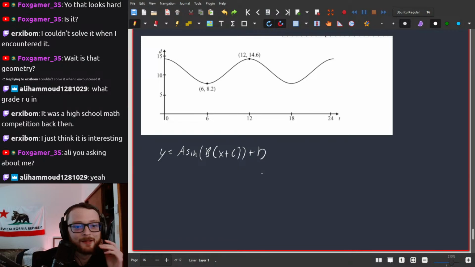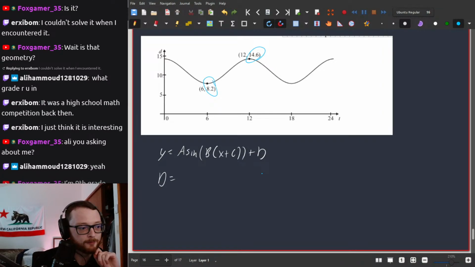Okay, good. Same thing. Let's start by getting D. So D is: take the height of the peak, 14.6, and average it with the height of the trough.